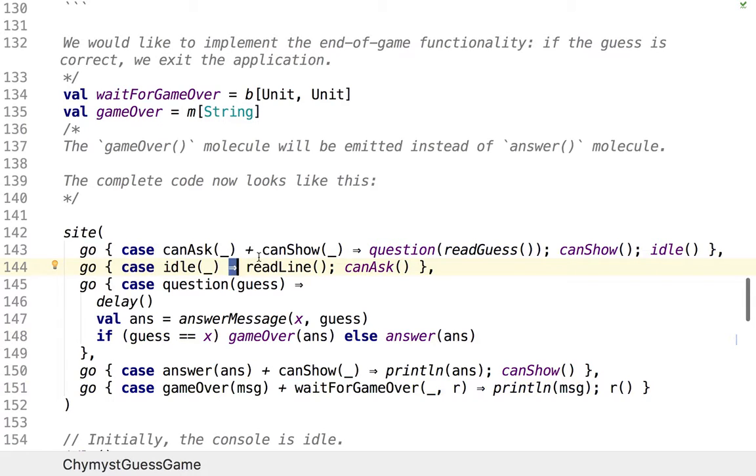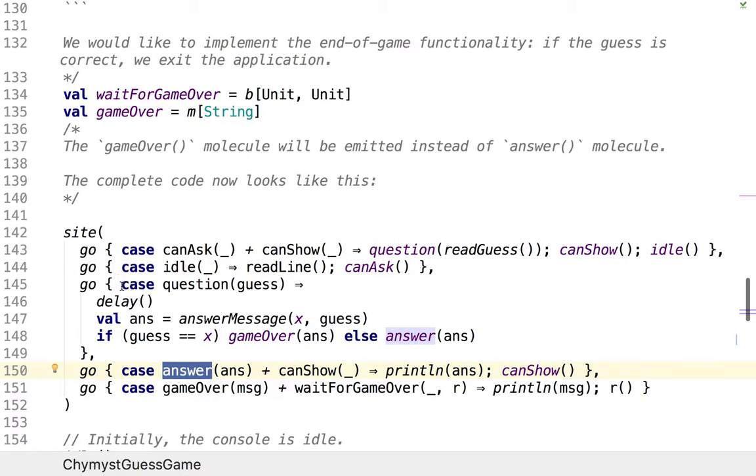So the result is that we can run one of these two reactions in parallel with this one or in parallel with this one. Since we emit game over, we don't emit answer in that case. Well, but some other answer could be already emitted, and it should be shown.